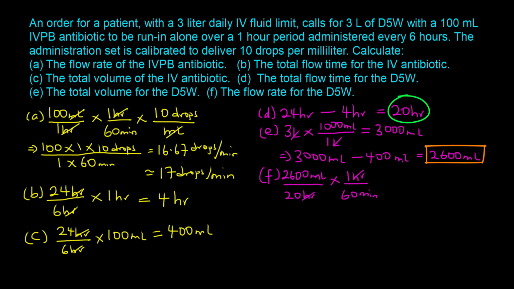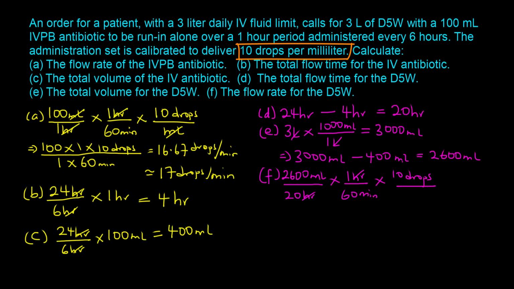The hours cancel out, and we multiply this result by the drip factor, also known as the calibration factor, which is 10 drops per milliliter. So the milliliter also cancels out, and now you're in drops per minute. So since this is dimensional analysis, we will multiply everything in the numerator.